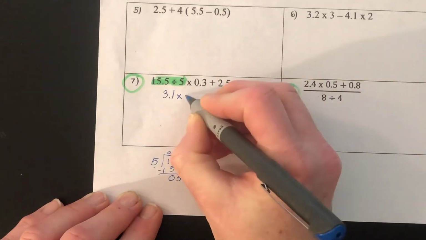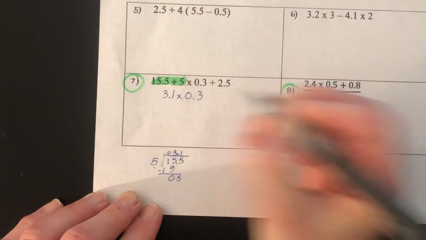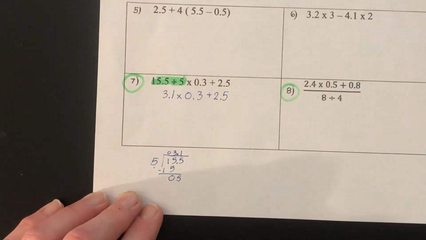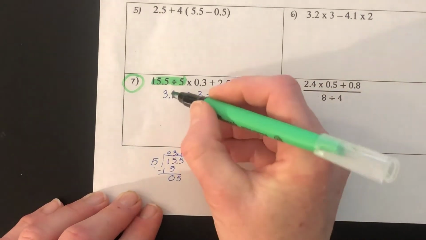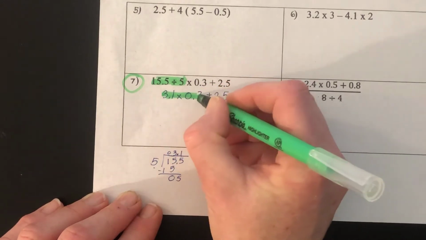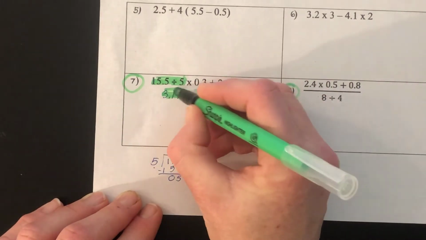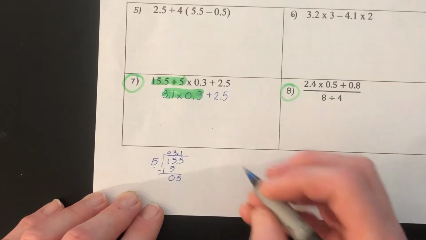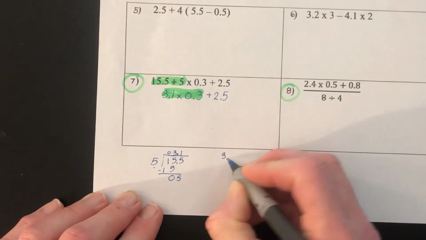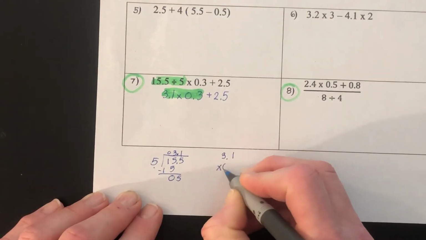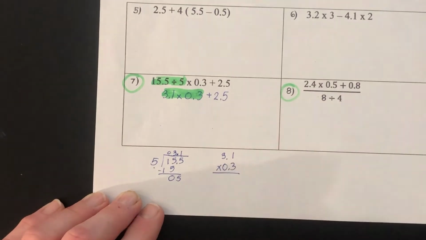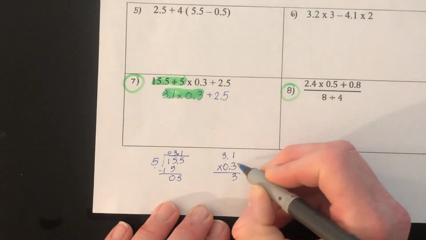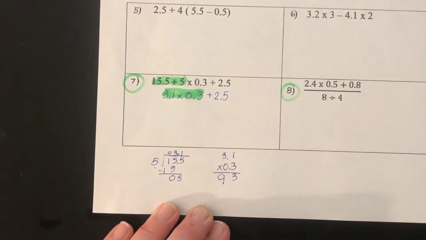times 0 3/10 plus 2 5/10. Right, so I will do multiplication first. So 3 1/10 times 0.3. 3 times 1 is 3. 3 times 3 is 9.